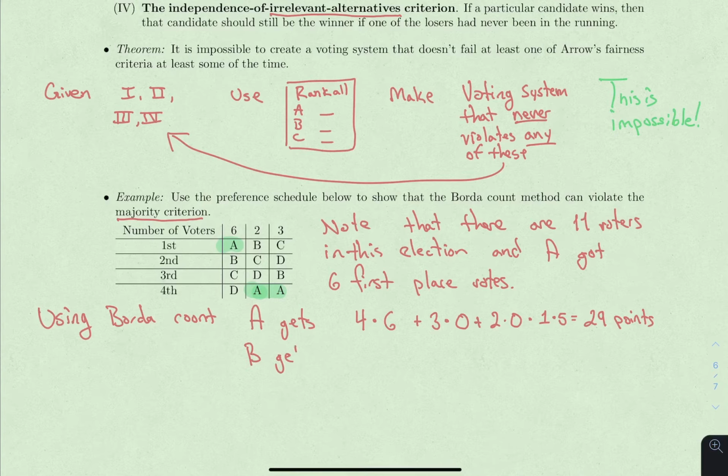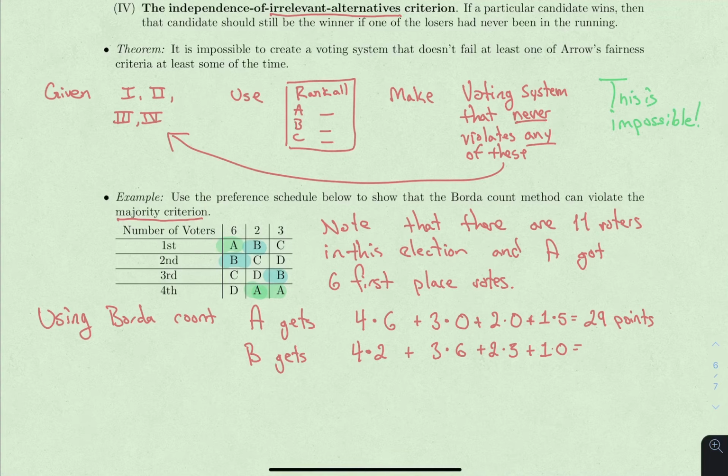B gets 4 points for the 2 first place votes that B was awarded. Let's mark these so it's easier to read. 3 points for every one of the 6 second place votes that B receives. 2 points for every third place vote that B receives, and 1 point for each of the fourth place votes that B received.